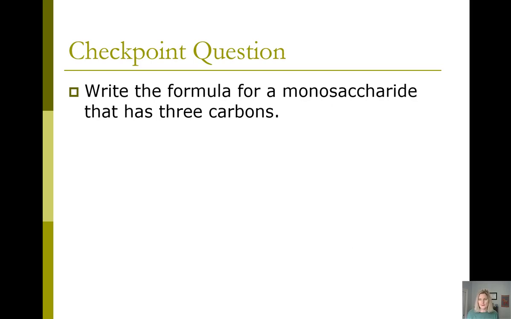So how would we write that? So we know it has 3 carbons. How many hydrogens? We double the amount of hydrogen. How many oxygens would be equal to the carbon? Okay, so there would be the molecular formula for that monosaccharide if it had 3 carbons. So it's always in this ratio where it has basically a 1 to 2 to 1 ratio. Okay.